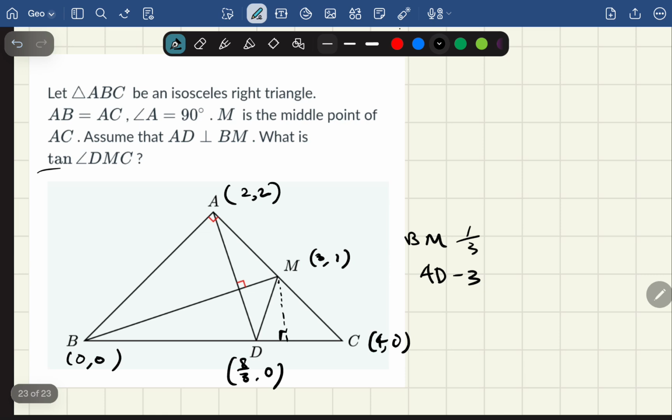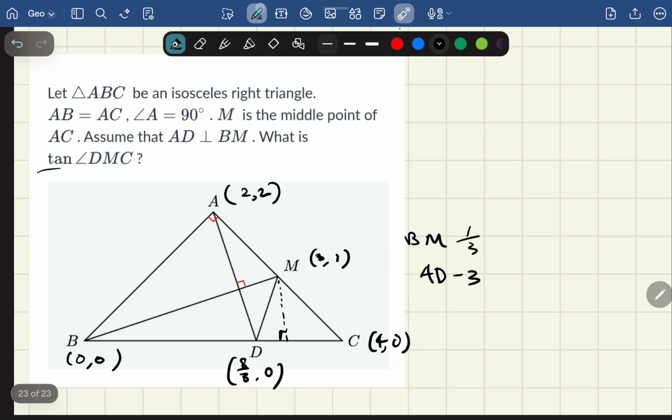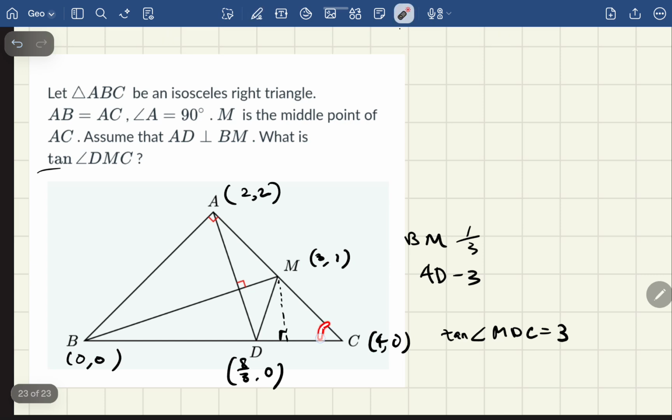So it turns out that this distance is 3 minus 8/3, which is 1/3. And then this is 1. So tangent of angle MDC is 3. And then we also know that this is just 45 degrees because it's part of this whole triangle.